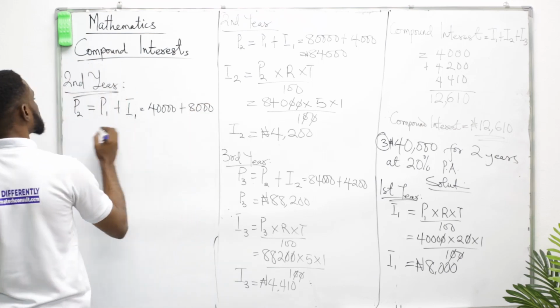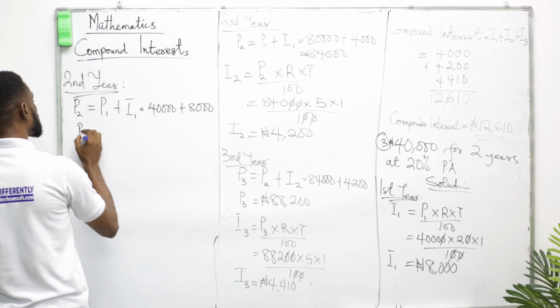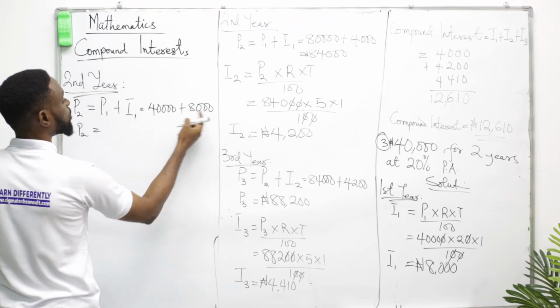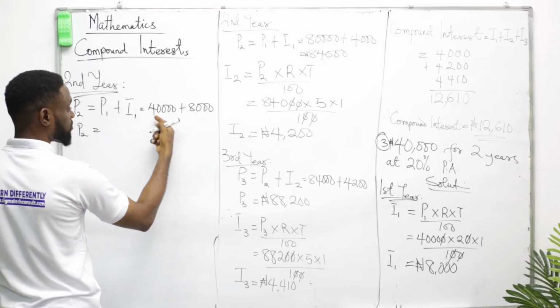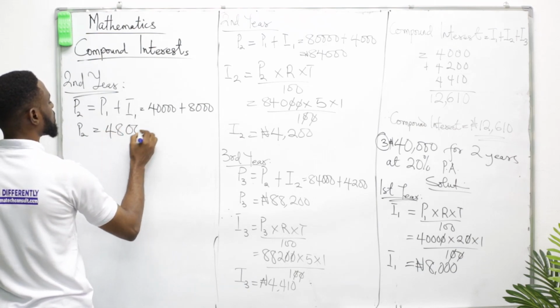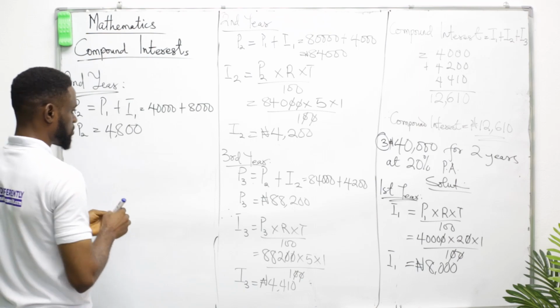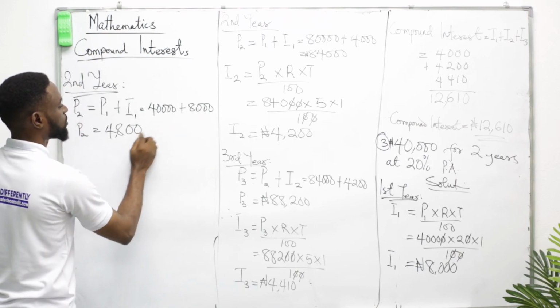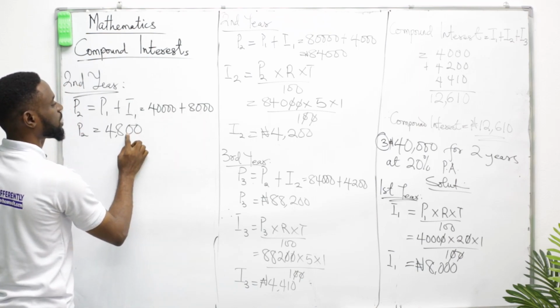So 40,000 plus 8,000 means our P2 is equal to 48,000.